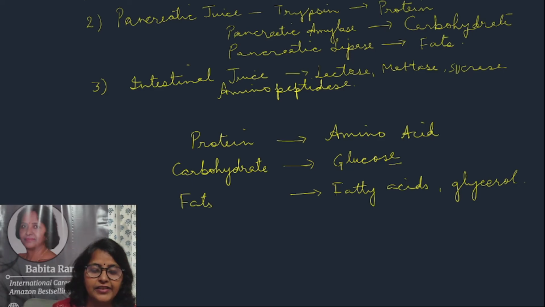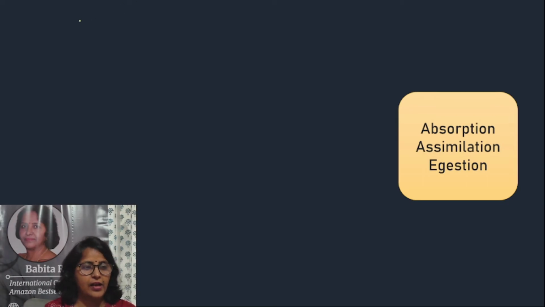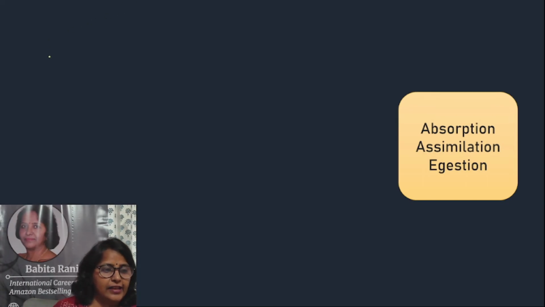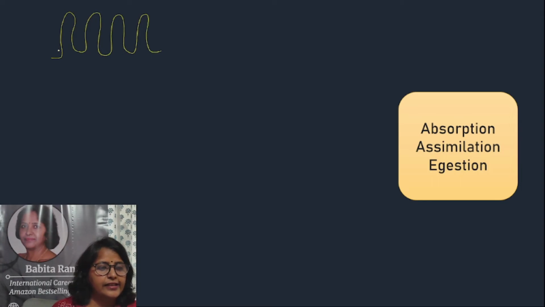Now after digestion is complete, if you remember, absorption has to take place. So absorption takes place in the small intestine, and the inner layer of the small intestine is folded and richly supplied with blood vessels. So how is it helping in absorption?